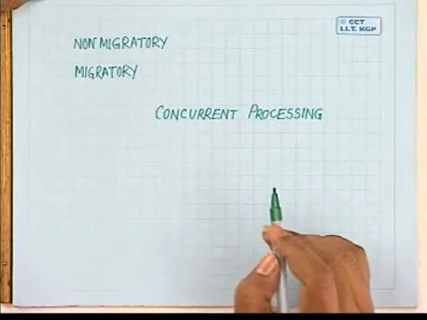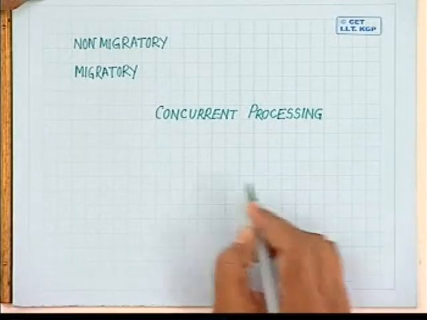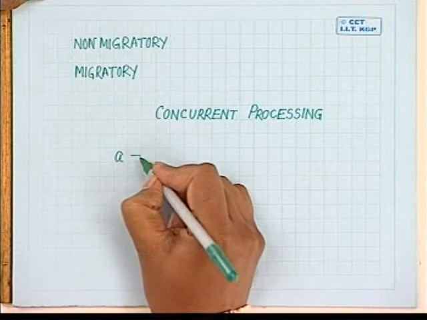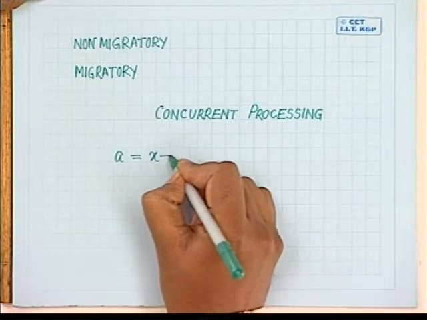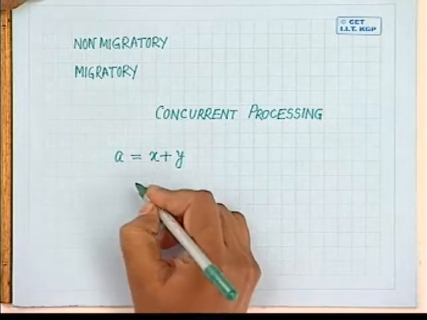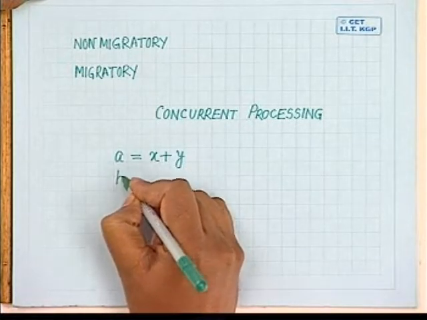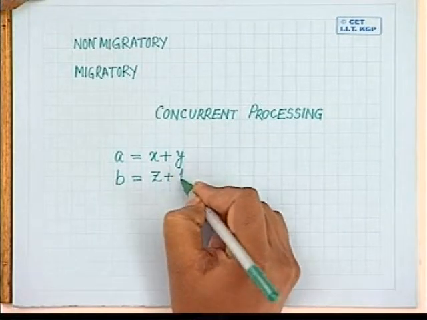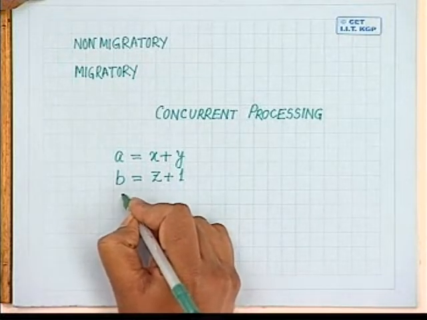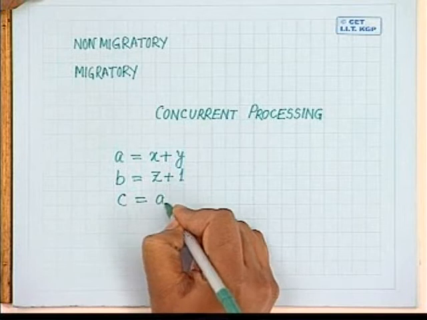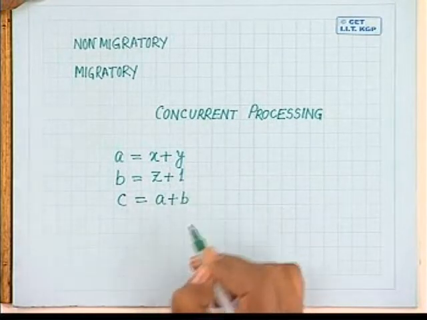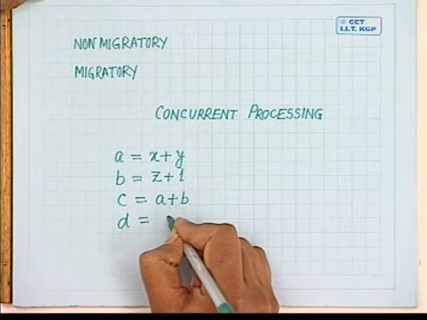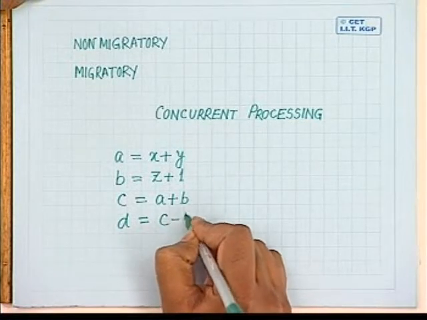So for that, let us take some statements. I have statements of the form A equal to X plus Y, that is one statement. Similarly, another statement, B equal to Z plus 1, then C equal to A plus B, and another statement of the form D equal to C minus 1.